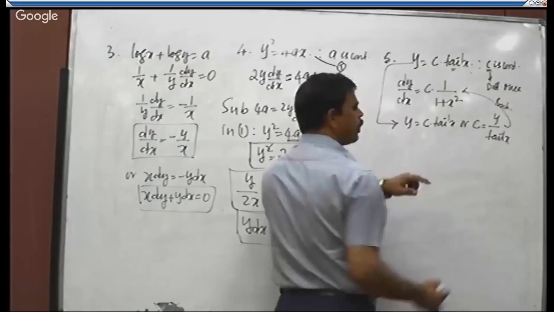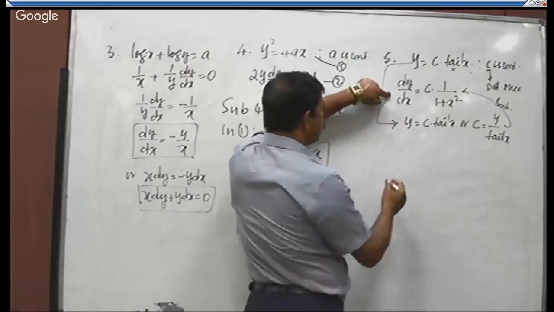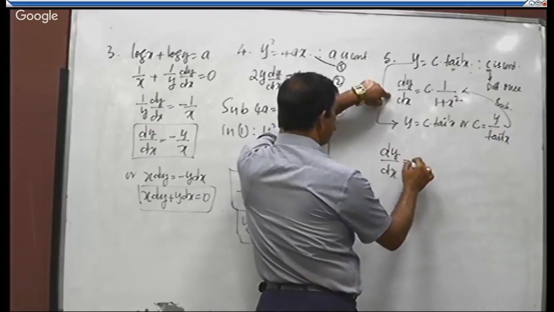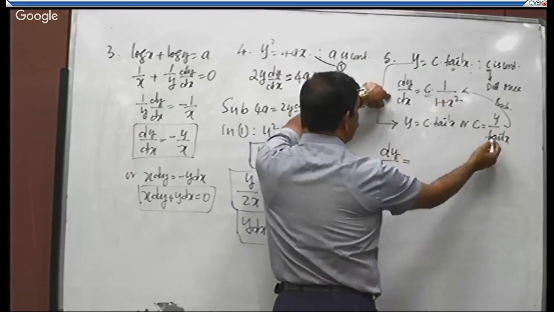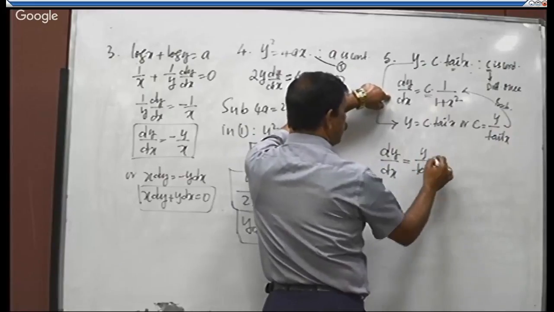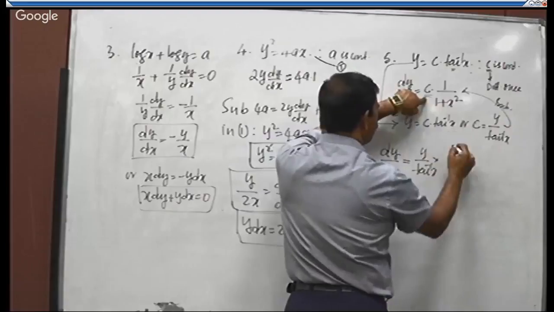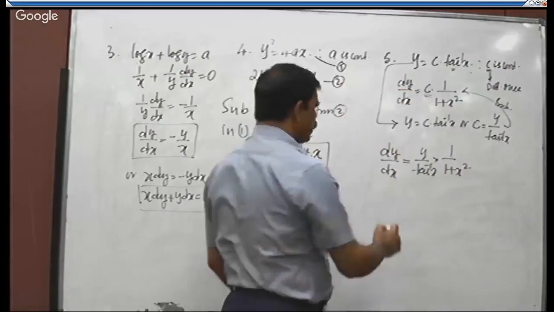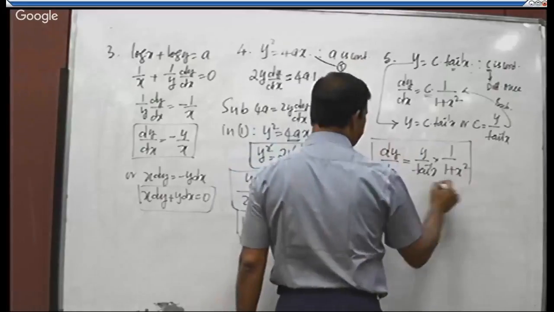in the derivative. What is the derivative? It is dy by dx is equal to C into 1 by 1 plus x square, where C is y divided by tan inverse x. See, here we don't have a constant, right?